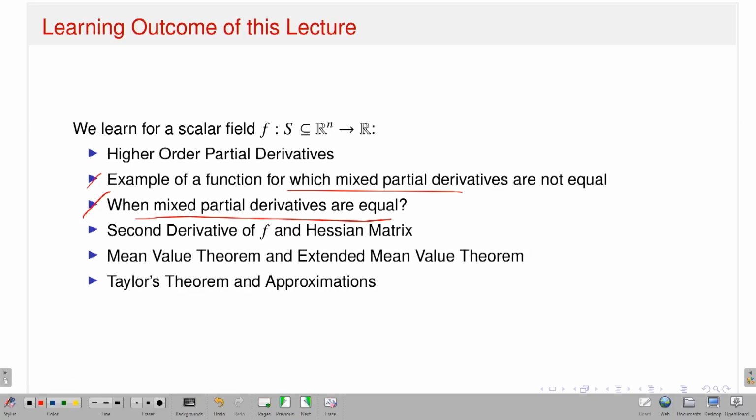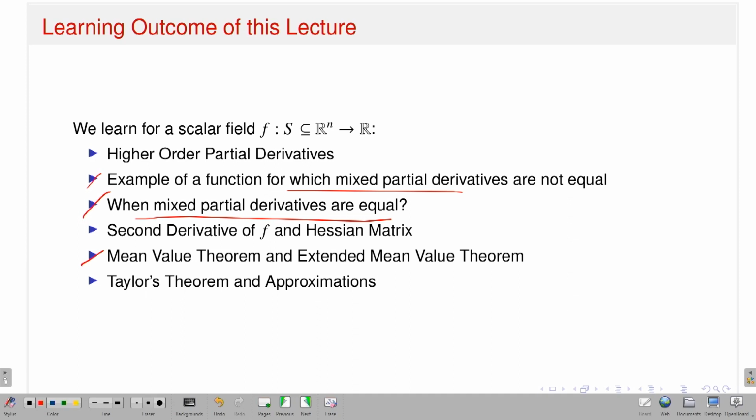And then I will give the notion of the Hessian matrix. In fact, it has something to do with the second derivative of my function f. Then I will talk about the mean value theorem. For real valued functions of a real variable, you are familiar with the concept of mean value theorem.